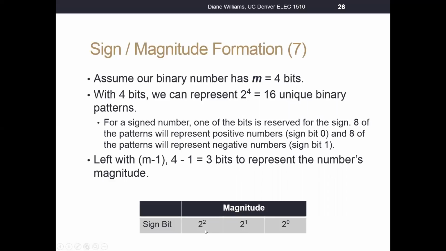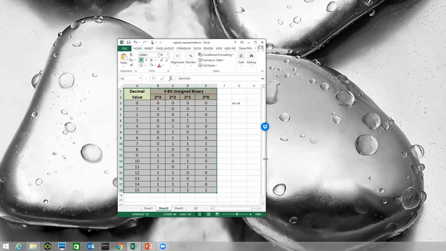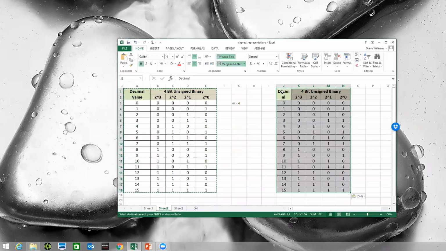Let's go back to our spreadsheet and I'm going to clear these contents.